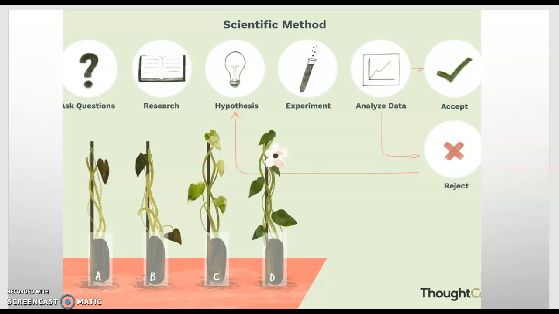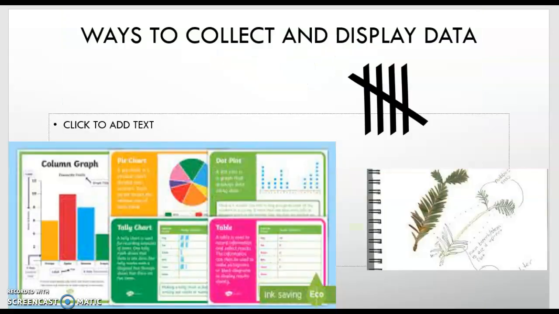And we also learned yesterday that there's different types of ways we can visually display that data. So we also learned that there's many different ways to collect data, and depending on what type of observation you make depends on which way is best suited for you.